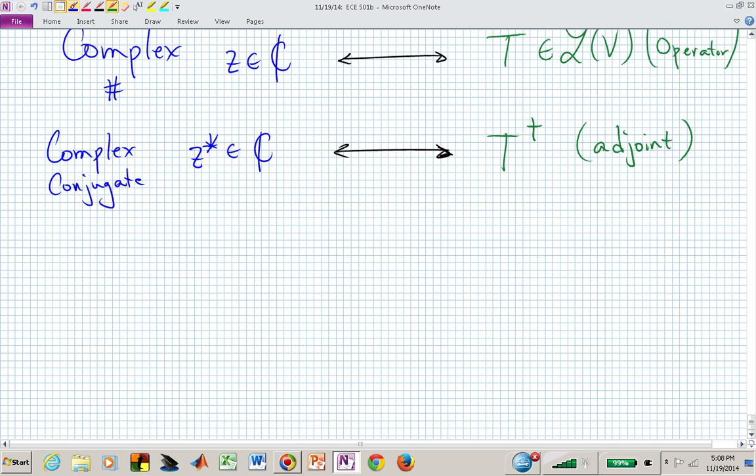What about in terms of a scalar, what if we have a real number? Let's say R. Well, in this case, Z is equal to its complex conjugate.